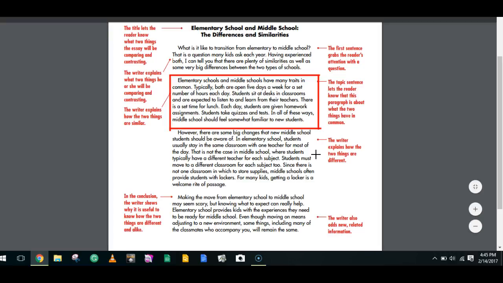And as you read it, I want you to see if you can count the number of examples or similarities they give for how elementary and middle schools are alike. And if you're wondering why I say this is a paragraph focusing specifically on similarities, I'm going to underline the very first sentence. And you'll see it says many traits in common. And so I'll give you a moment to read.